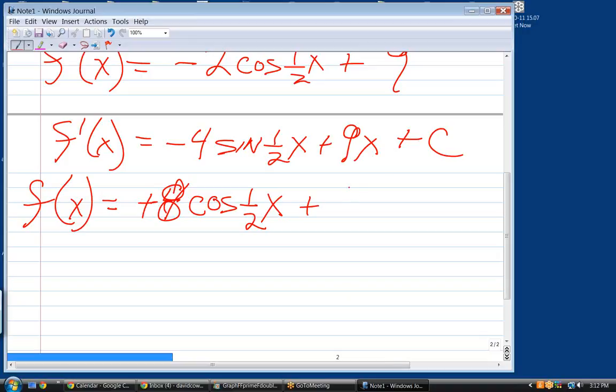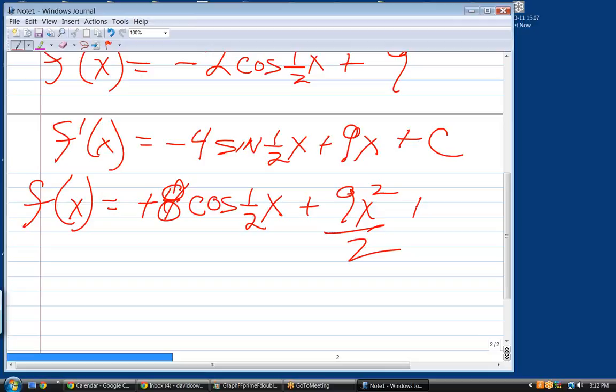As much as 9x squared over 2. Yeah, I always do these antiderivatives the same way. When I'm using the reverse power rule, I start with the coefficient. Then I add 1 to the exponent and divide by the new exponent. That's it.